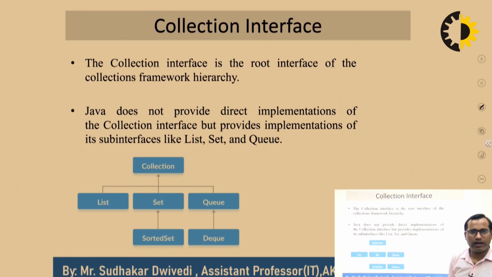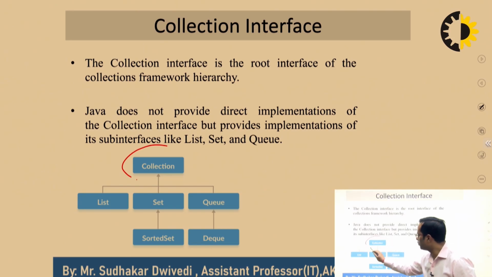As I have mentioned, the collection interface is the root interface of the collection framework hierarchy, and for all the collection classes the root element is the iterable interface. Java does not provide a direct implementation of these collection interfaces, but they can be implemented by their sub-interfaces.